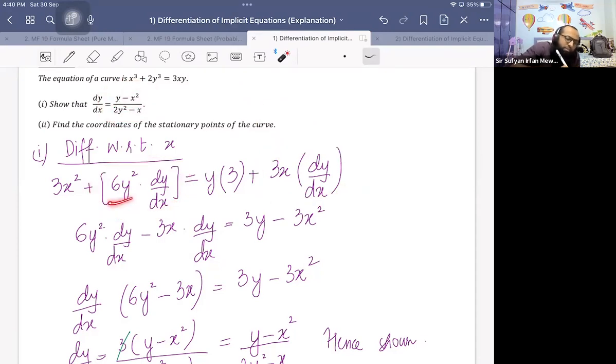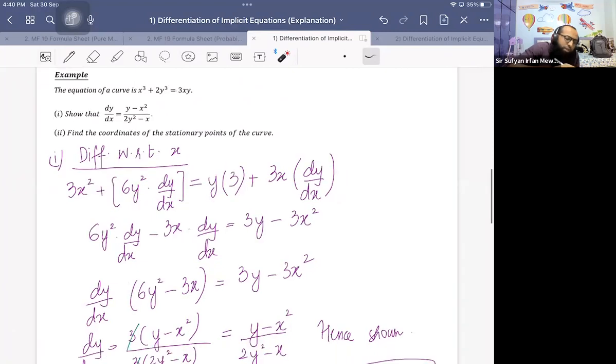So this means this needs to be shifted to left side rather than shifting 6y squared dy by dx to right side. We have to decide this as well, right? Even if we have mistakenly shifted to other side, we can always adjust at the end. But just to avoid any additional steps, we can always look at what needs to be shown. Always have an eye on what needs to be shown. This is extremely important. Whenever we are told to show something, we need to have an eye on that.